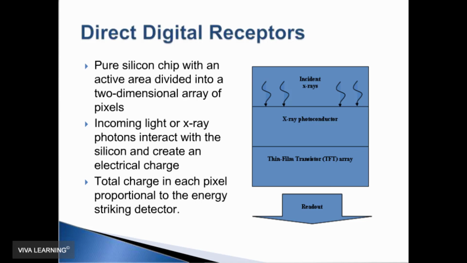When X-rays interact with the sensor, they either interact directly or interact with a little scintillation screen that produces light. The amount of radiation or light that is received by the sensor creates a charge, and the total charge that strikes the sensor is translated into the different densities, the opaque and the radiolucent areas and all the shades in between.